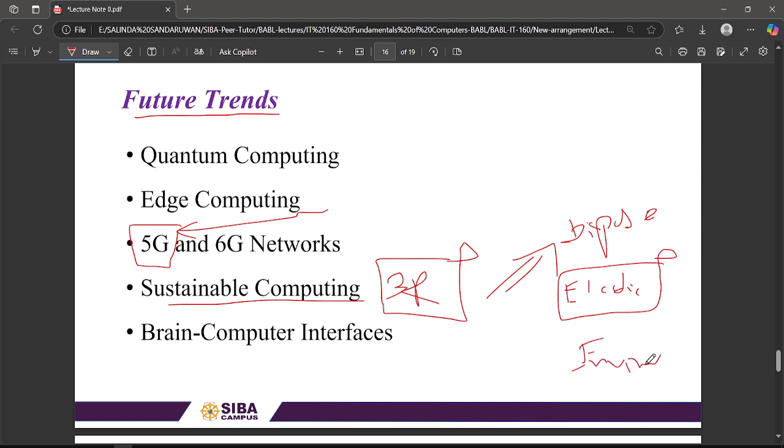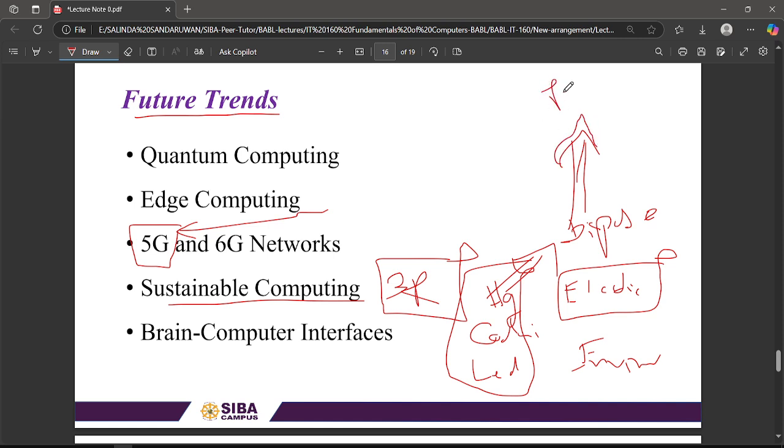Because you have lead and cadmium. Likewise, you have mercury, right? You have several harmful chemicals and heavy metals in the components of your electrical device. So if you don't properly dispose of them, the owners will pollute the environment, right?